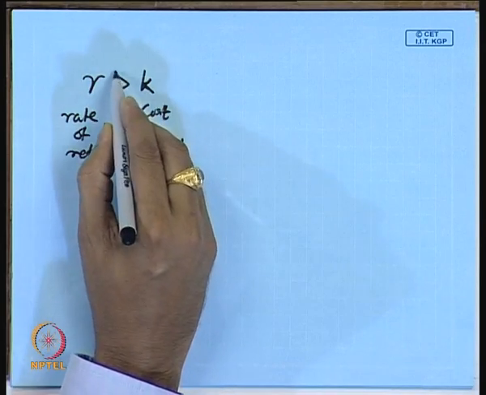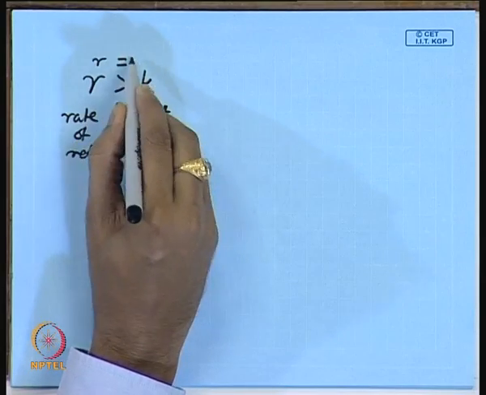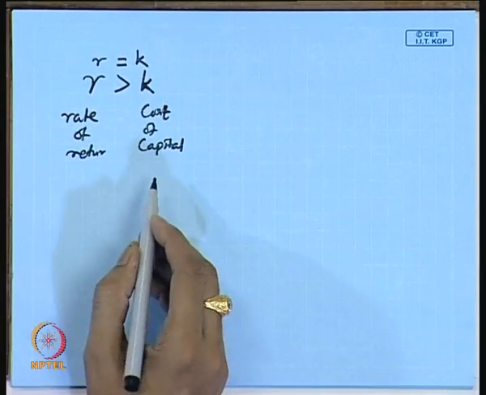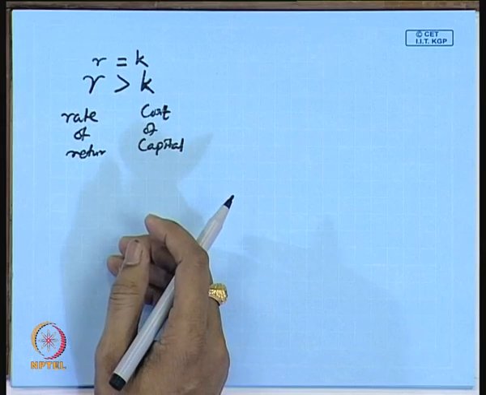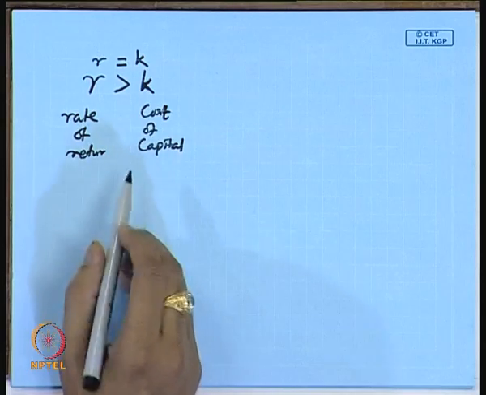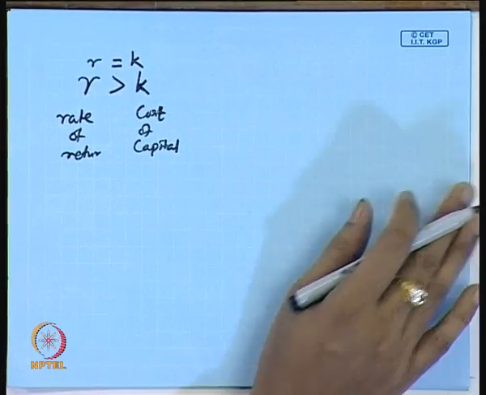In fact, if R is equal to K, then the investors' required return is maintained, but it is always better that R should be more than K. So, if there are multiple projects to invest in, the company should go for the project where this spread is higher. That means R should be as much more than K as possible.